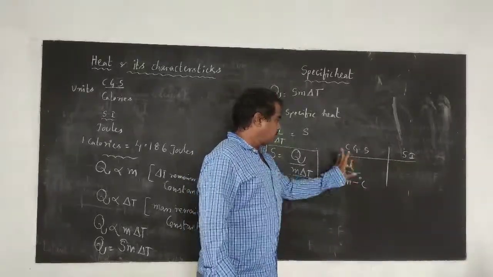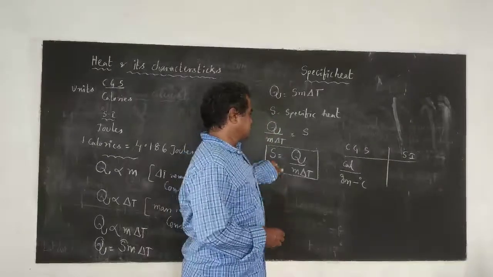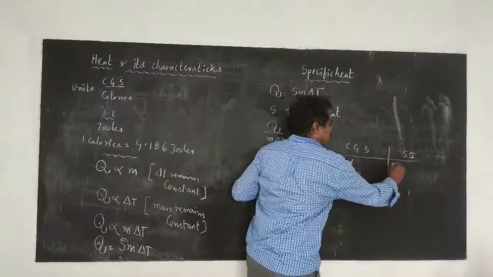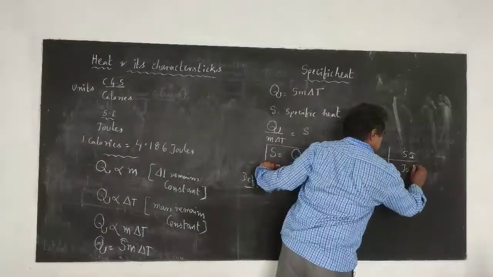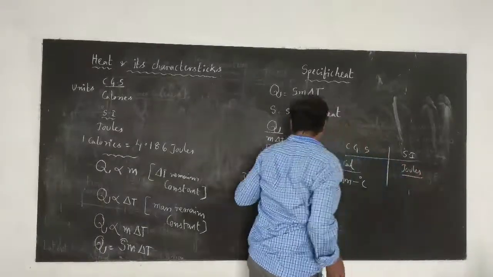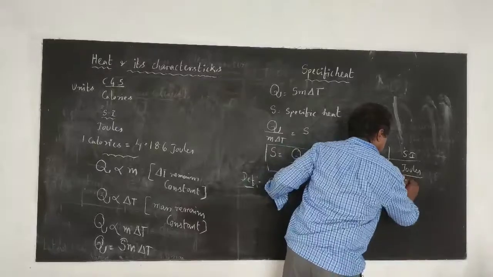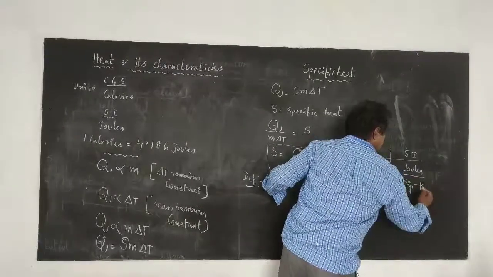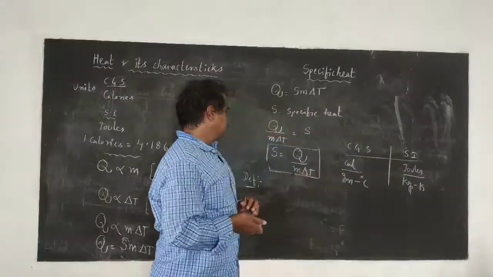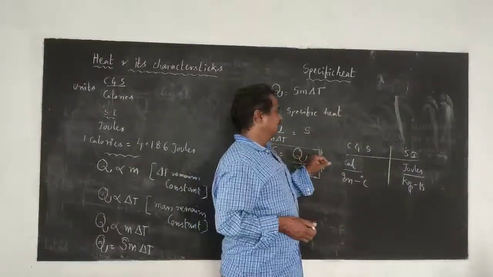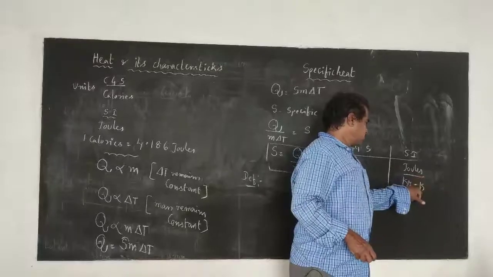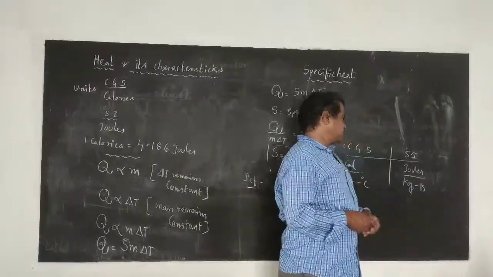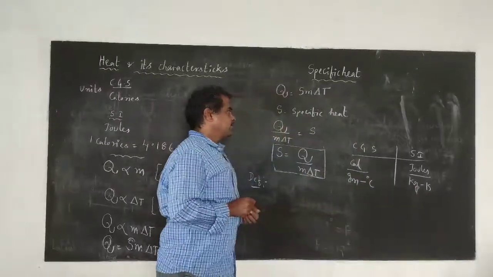In the same manner, in SI method, Q is in joules, mass is in kg, temperature is in Kelvin. So in SI method, the units of the specific heat is joules per kg Kelvin. Okay.